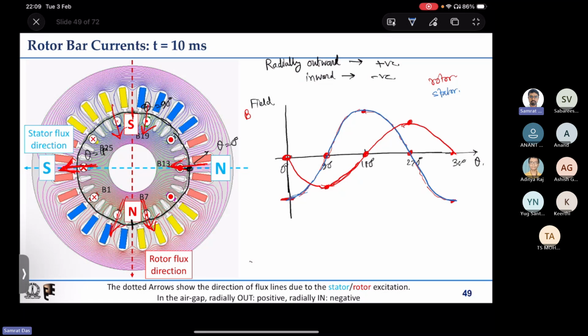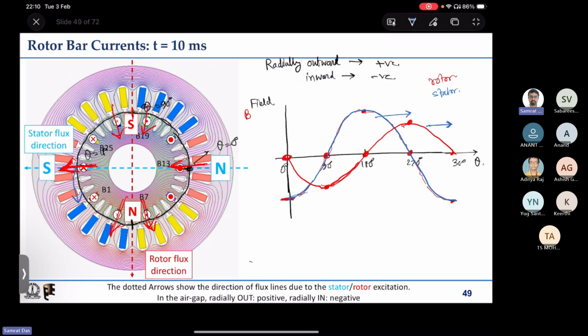Now, as we have seen, the field moves in the anti-clockwise direction, that is this field is also rotating this way, as we will see for other instances also, this field is also rotating in this direction, it is progressing in the positive direction.